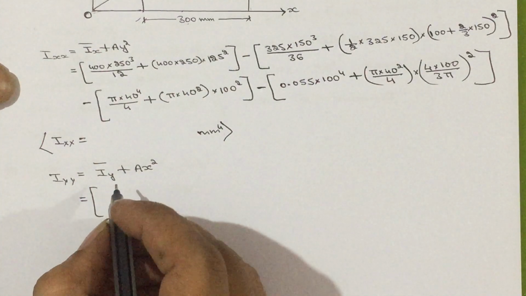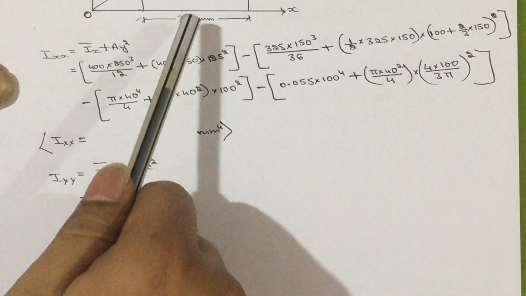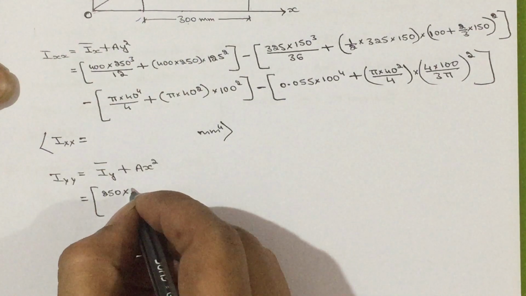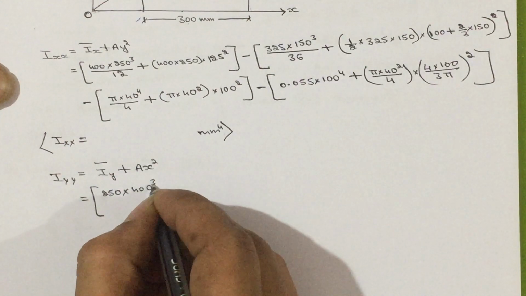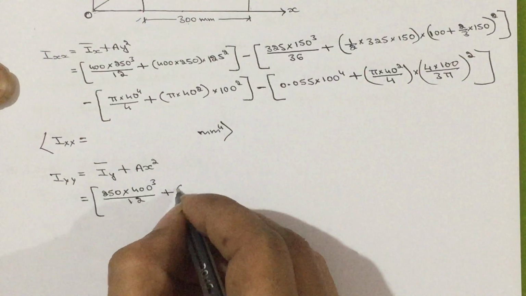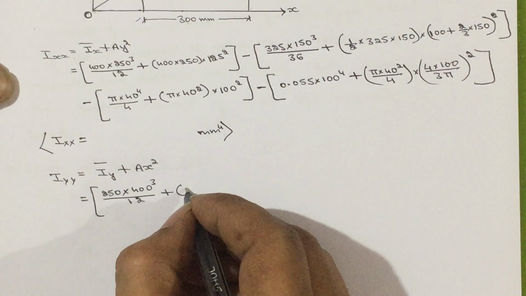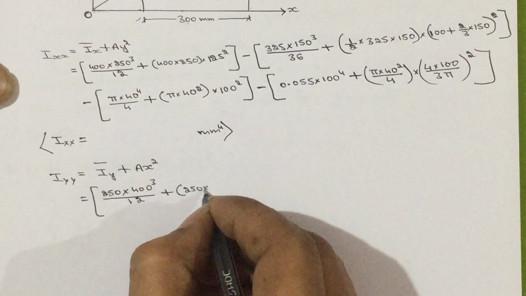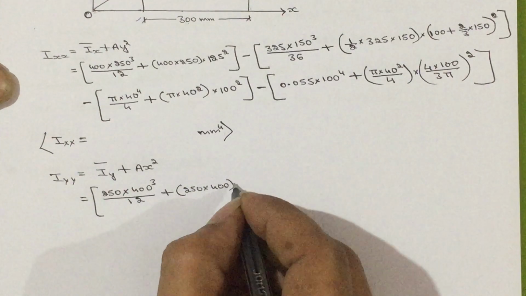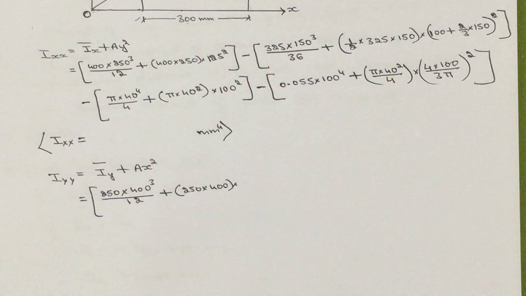It is 150 plus 100, that is 250, into b, how much is b? 300 plus 100, 400, d b cube divided by 12 plus area is b into d or d into b, whatever it is, 250 into 400 into x square.